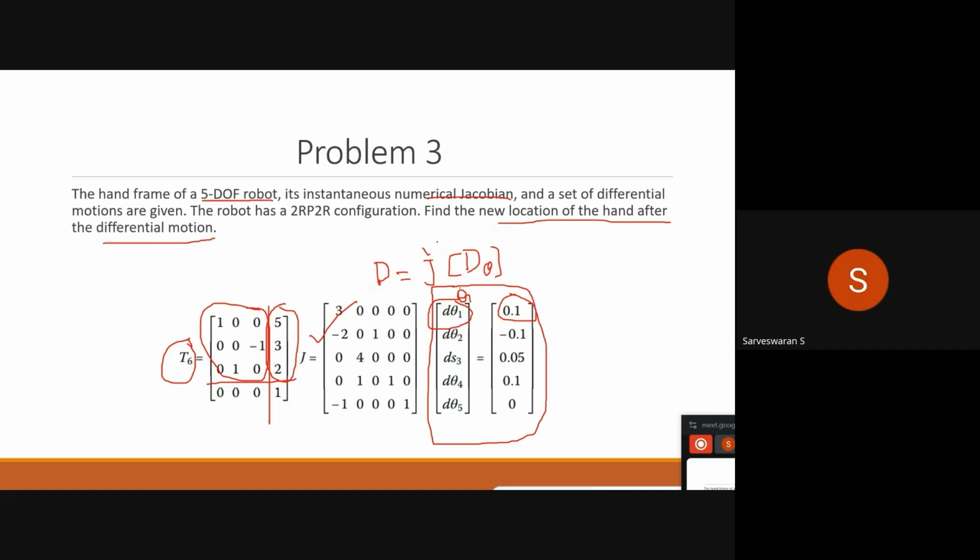So we have these two values given in the problem statement, and from that we can find out my D. So D is a combination of d and alpha, which is your linear velocities in xyz and angular velocities in xyz. So we have to substitute everything in the differential operator, and add it up with the old frame. When you do this, we can find out my new location.